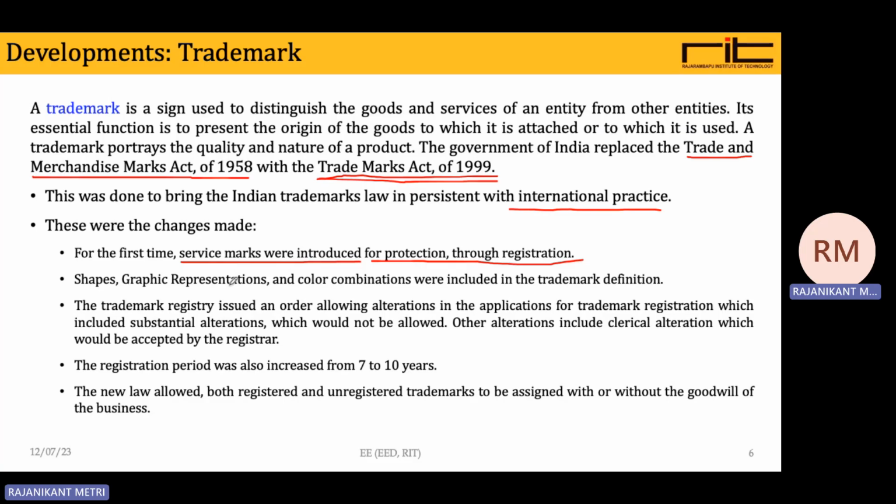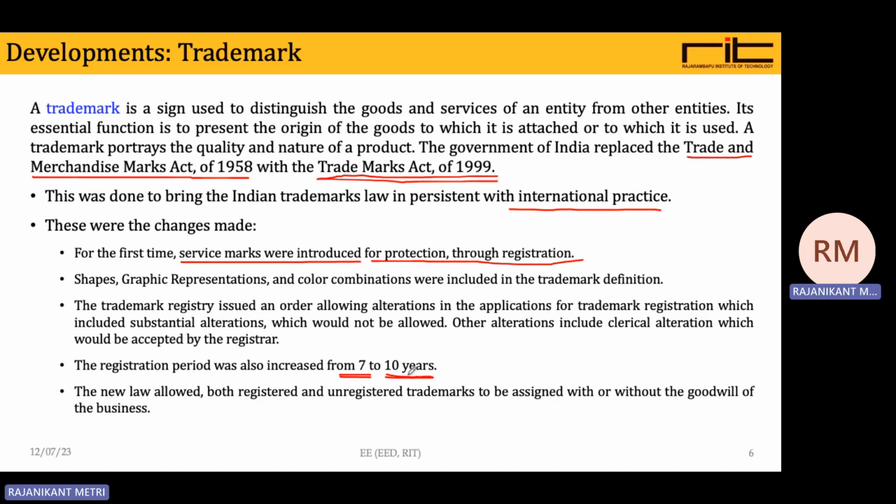Other alterations include clerical alterations, which would be accepted by the registrar. The registration period was also increased from 7 to 10 years. As per the 1958 Act, a registered trademark was valid for 7 years. Now, after the 1999 Act, it is up to 10 years.